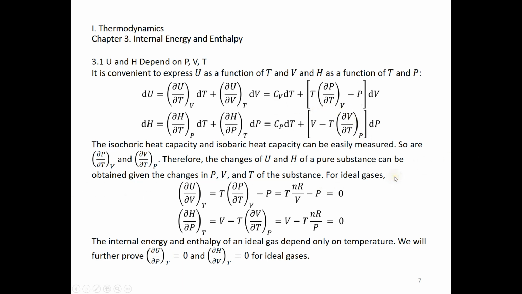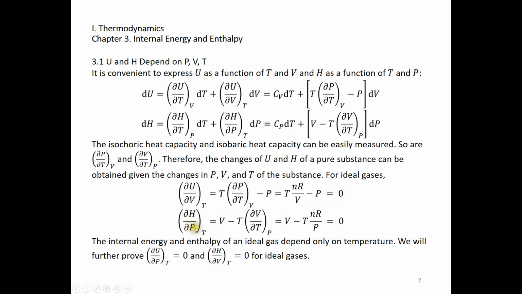For an ideal gas, we can even derive this easily. It's just because for an ideal gas, we know delta P over delta T is simply nR over V. So we just replace this with nR over V. We do some derivation, nRT over V, that's just pressure, so it's going to be 0. And then we can derive this as well.